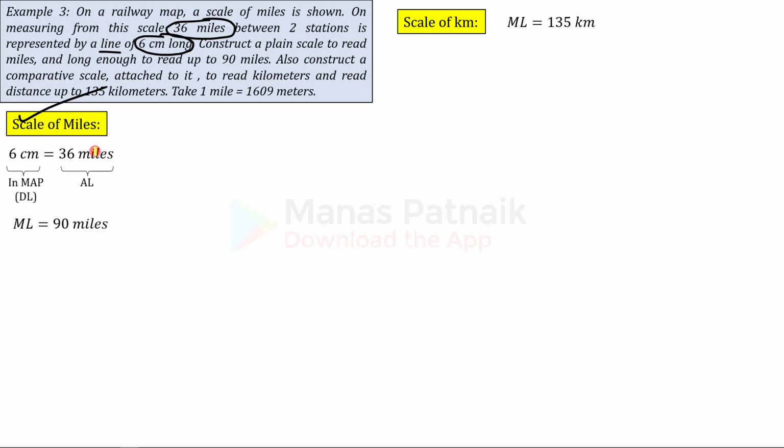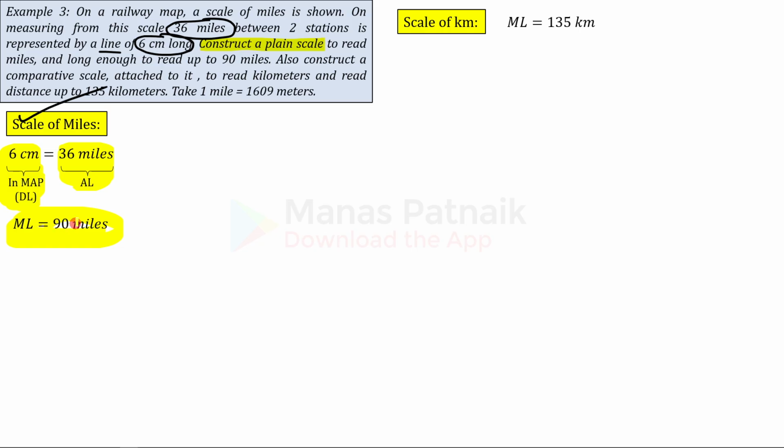So 36 miles in reality, that is actual length, is represented by 6 centimeter on the map, on your drawing sheet, you can say. You need to construct a plane scale to read miles and long enough to measure up to 90 miles.